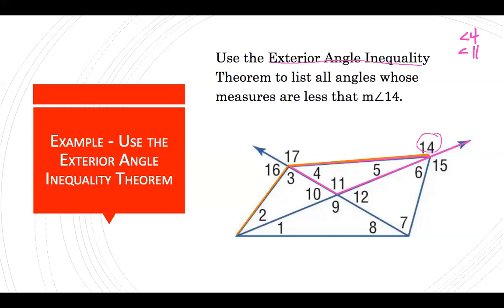So now we're looking at the orange one, right? Okay, so if I'm looking at the orange one, what angles would be less than 14? Emily.